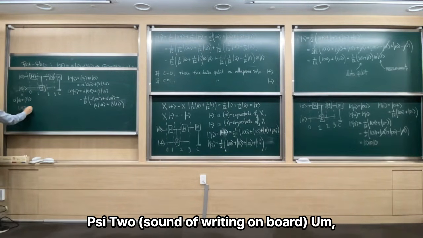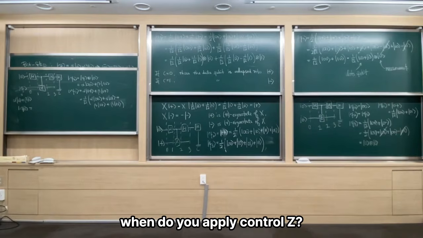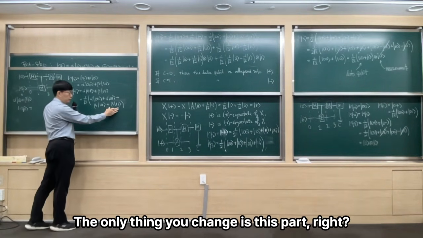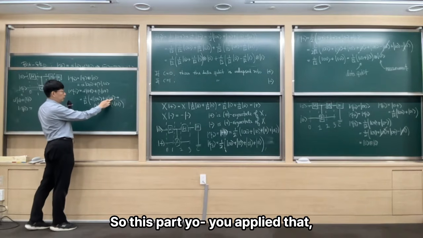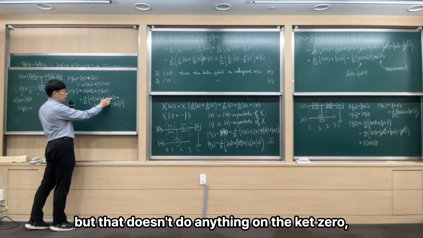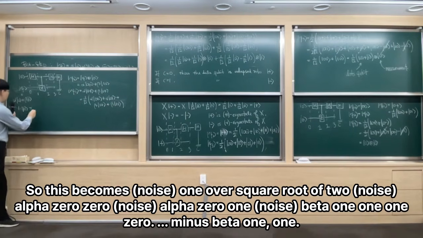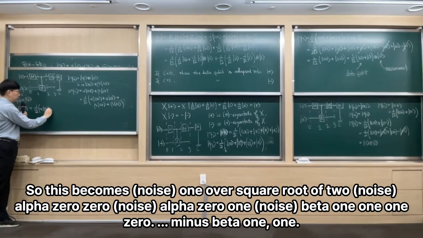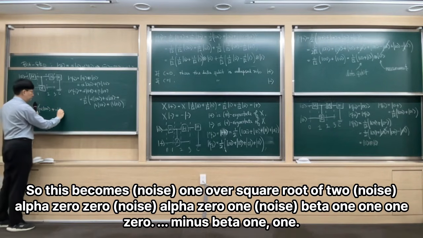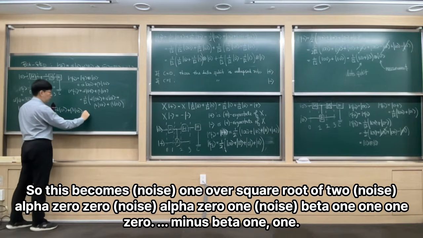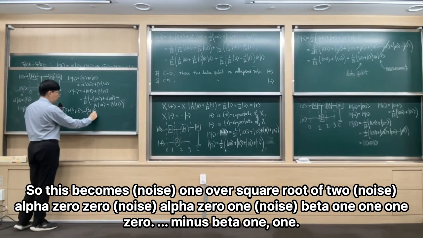Psi 2. When you apply controlled Z, the only thing you change is this part, right? So you apply Z, but that doesn't do anything on the ket 0. Here it's changing the sign. So this becomes 1 over square root of 2, alpha 0, 0, alpha 0, 1, beta 1, 0, minus beta 1, 1.